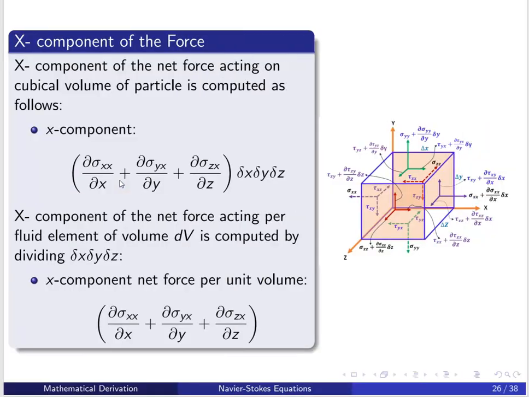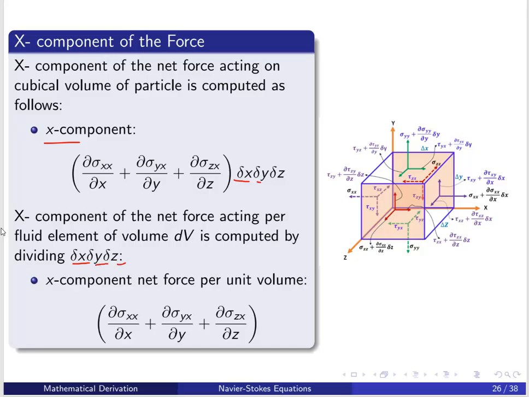So finally we get the x component as dou sigma xx by dou x plus dou sigma yx by dou y plus dou sigma zx by dou z, into del x del y del z, which means volume. So the x component of the net force acting per fluid element of volume dv is computed by dividing by del x del y and del z.